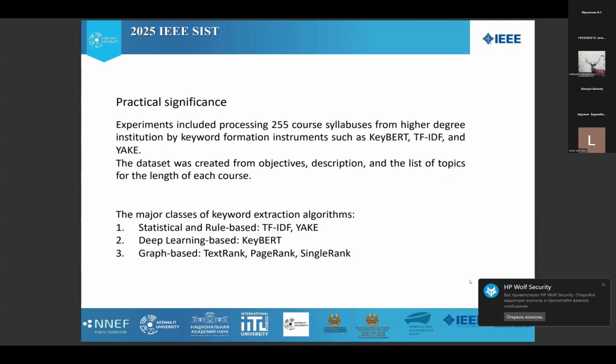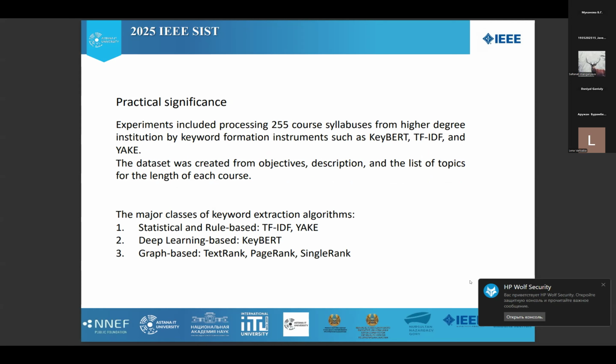About the practical significance, we collected a data set that includes 5 course syllabuses in computer science and other areas, for example, project management and so on. The tools that we are using here are KeyBERT, TF-IDF, and YAKE, Yet Another Keyword Extractor.